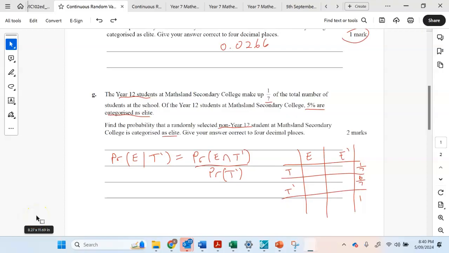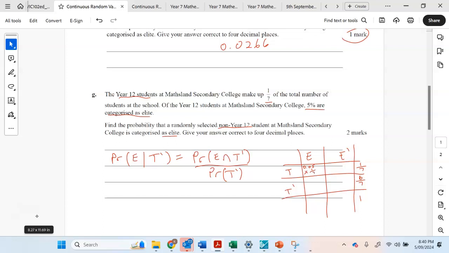All right, and then we know that 5% of the Year 12 students are categorized as elite. So that's not 5% of the total, it's 5% of the Year 12. So in this little spot here, we're going to have 0.05 times 1/7. All right, and I'm just going to leave it there because we'll just do that on our calculator.